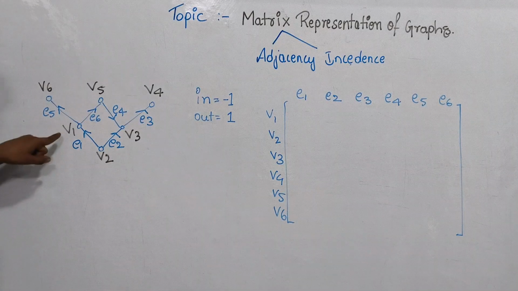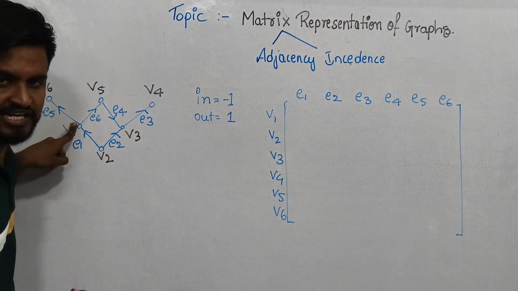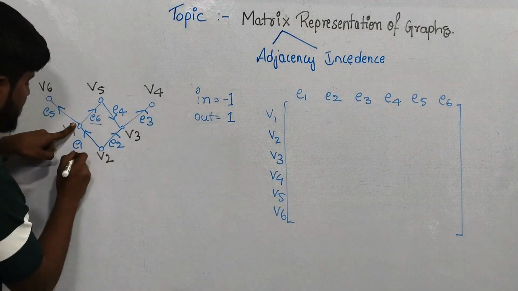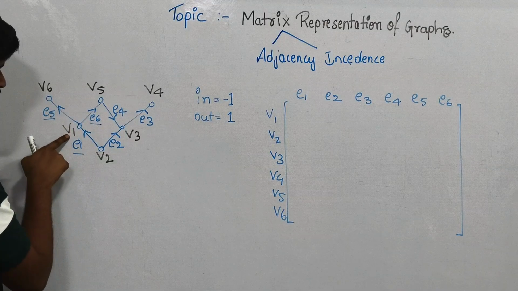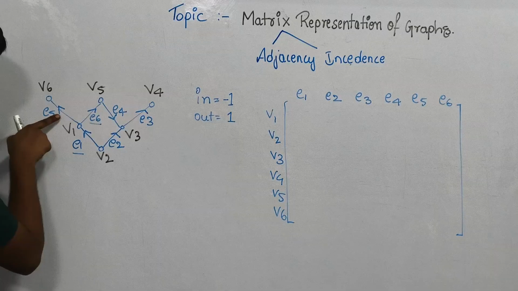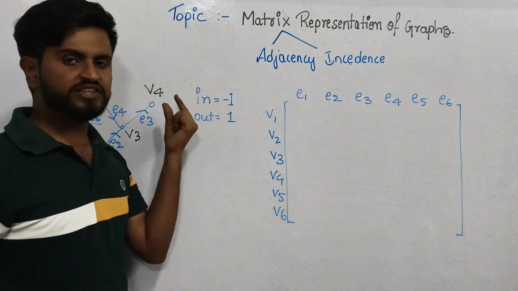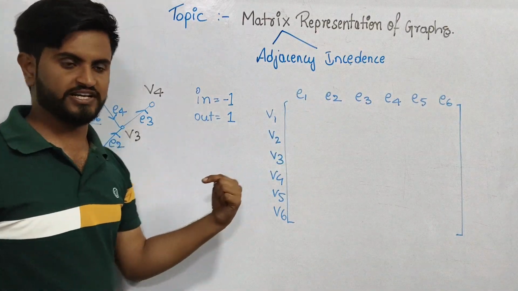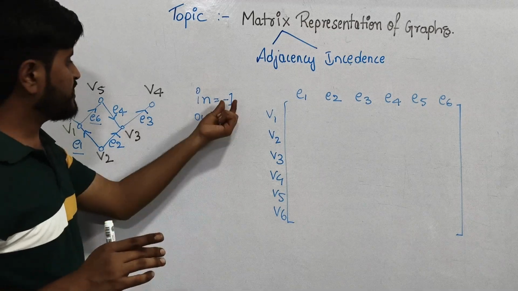Now, if you see V1 is right here and the edges connected to V1 directly are E6, E1 and E5. So what is the scenario? When the arrow is coming towards that vertex, that is when it is coming towards V1, you will give the value as minus 1.